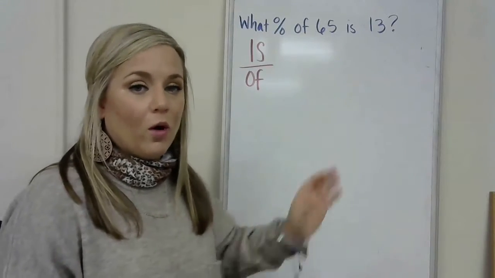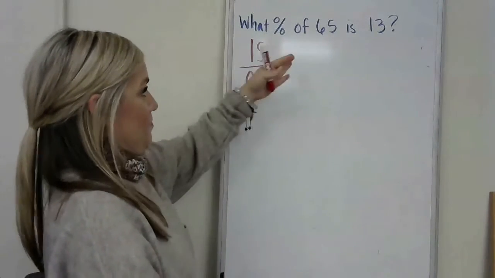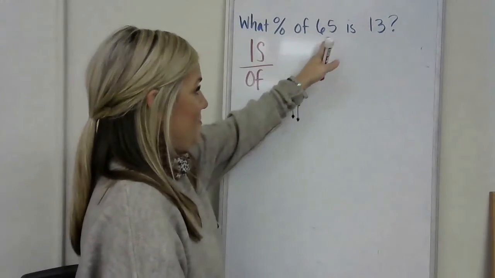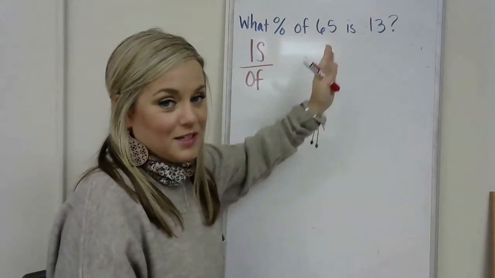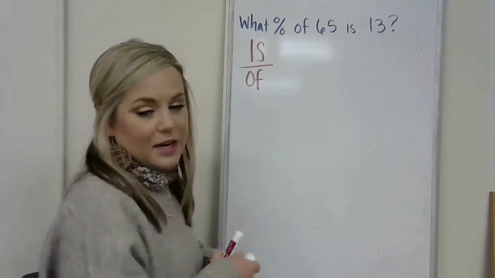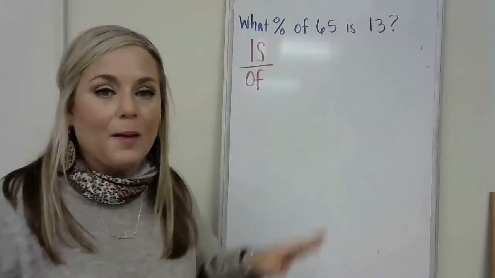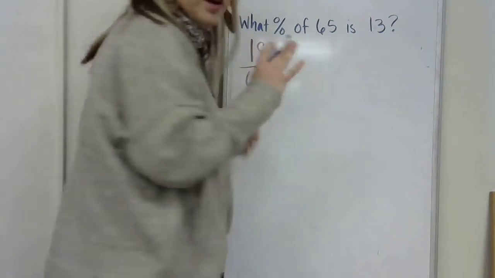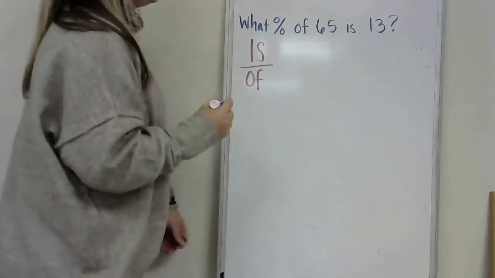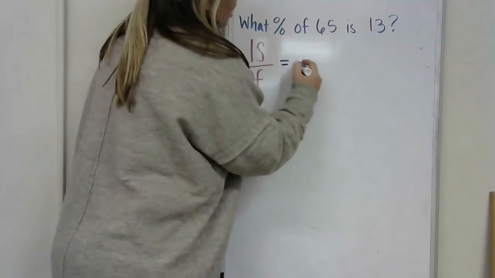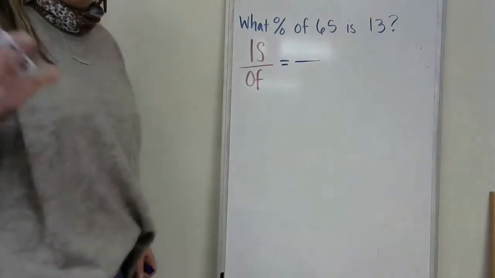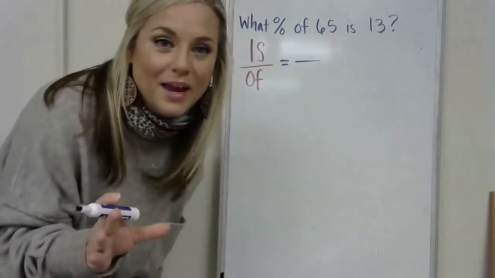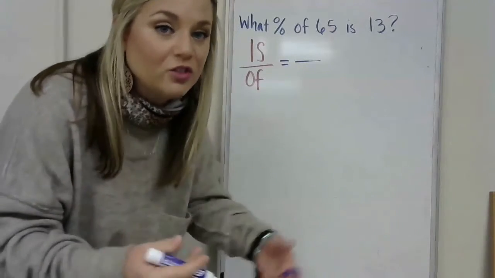So we're looking for 65. What percent of 65 is 13? Now, I'm going to leave is over of right here. So is over of. So what we do know is the total percent. What's the biggest percentage you can have? 100, right?